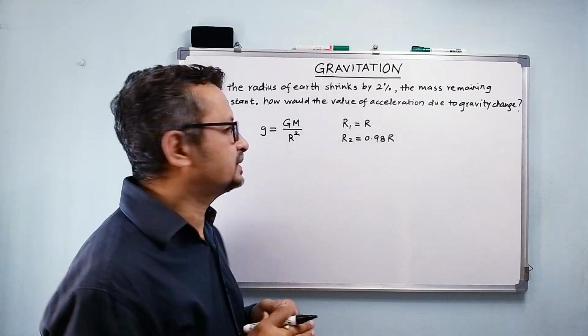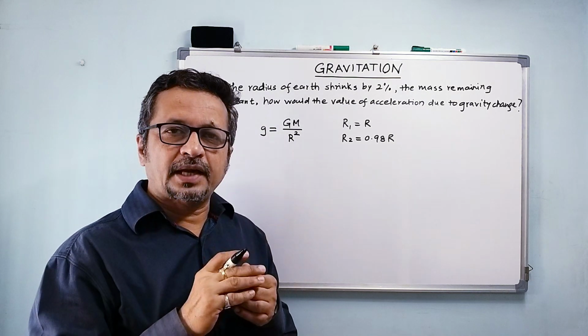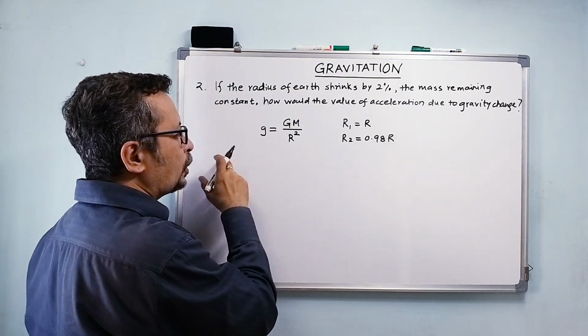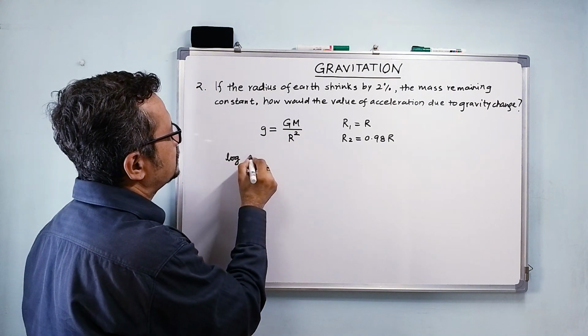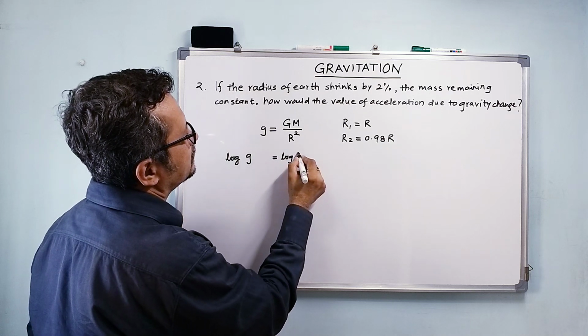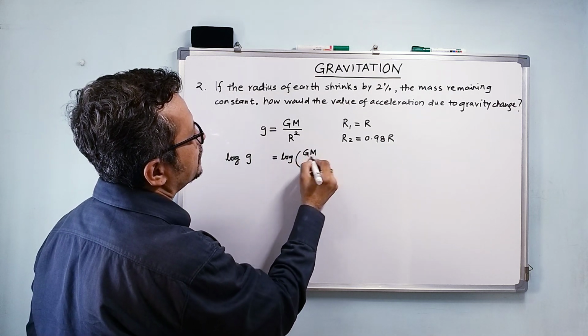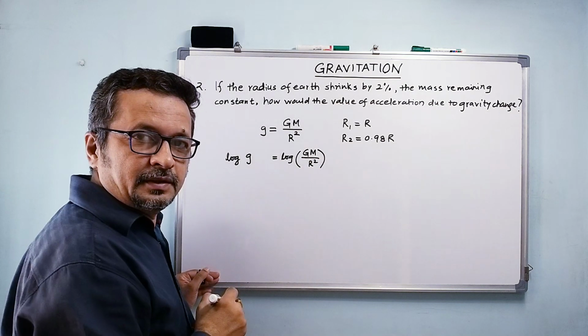So let us have this in mind, but before going with this method, let us see if we can do something else. Now what I'm going to do is use a little bit of calculus here. I'll be taking log of both the sides. So log of g is equal to log of GM upon r square, right?